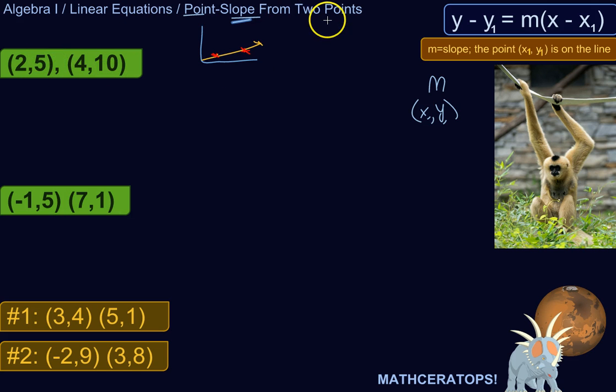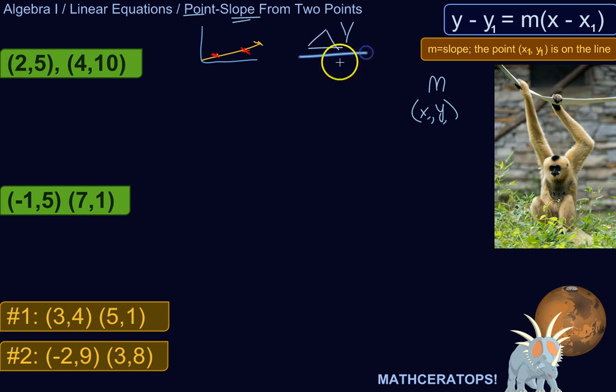Now, as a reminder, slope is a lot of teachers will call it rise over run. To me, that doesn't mean anything, so I call it the change in y. The delta just means change, so change in y. Does y go up by 3? Does it go down by 5?